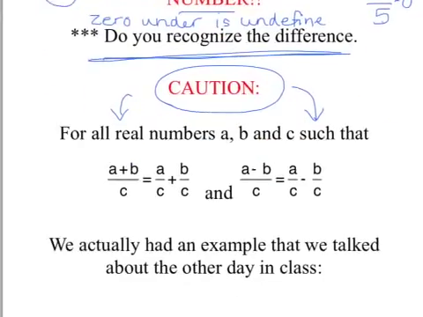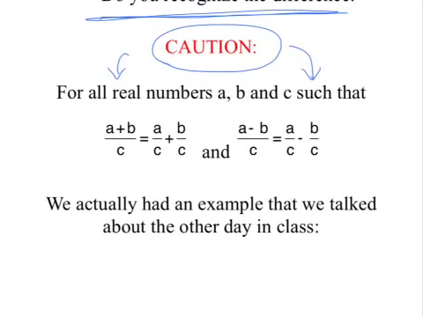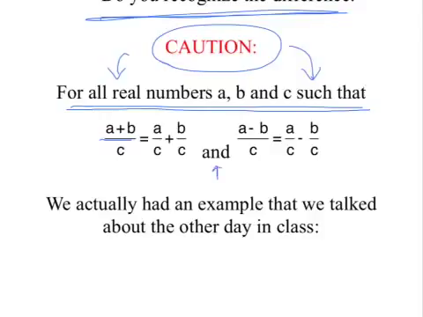Our other caution is for all real numbers, meaning any real number you put into these types of examples, a plus b over c means a over c plus b over c. And the same thing is true for subtraction. A minus b over c equals a over c minus b over c.